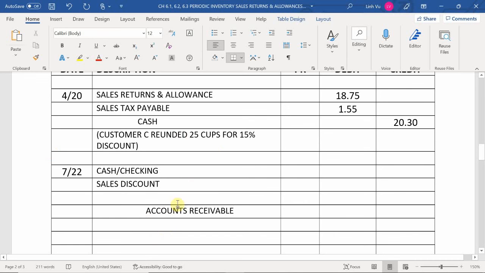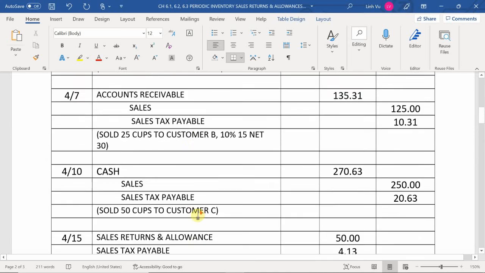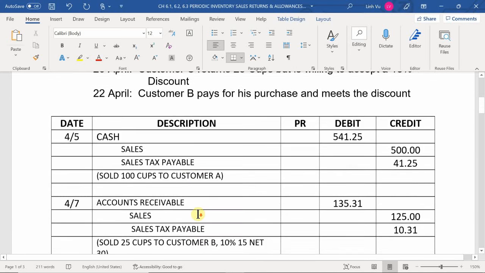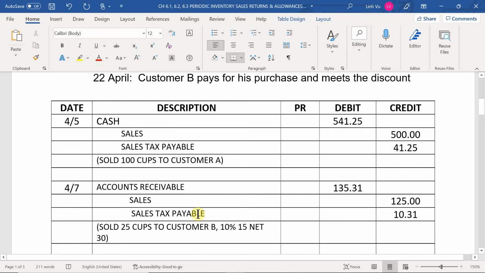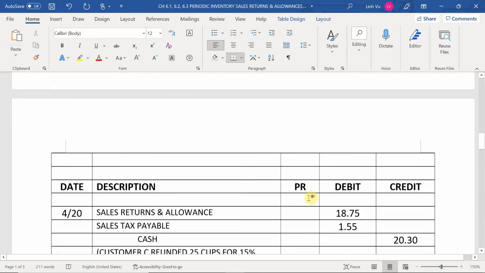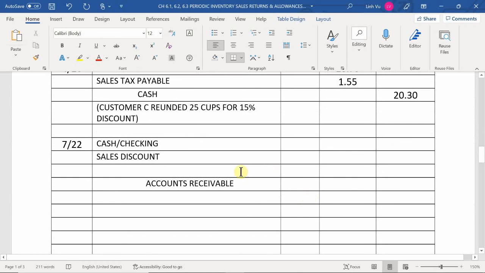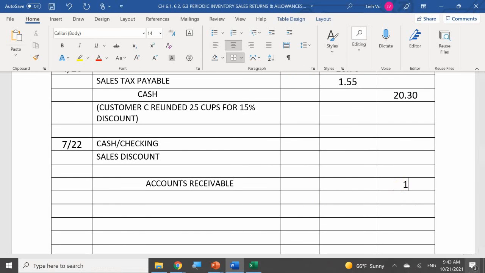Now, accounts receivable, how much do they actually owe me? 135.31. That's how much they owe me. I'm obviously going to get less money because I'm discounting the product.